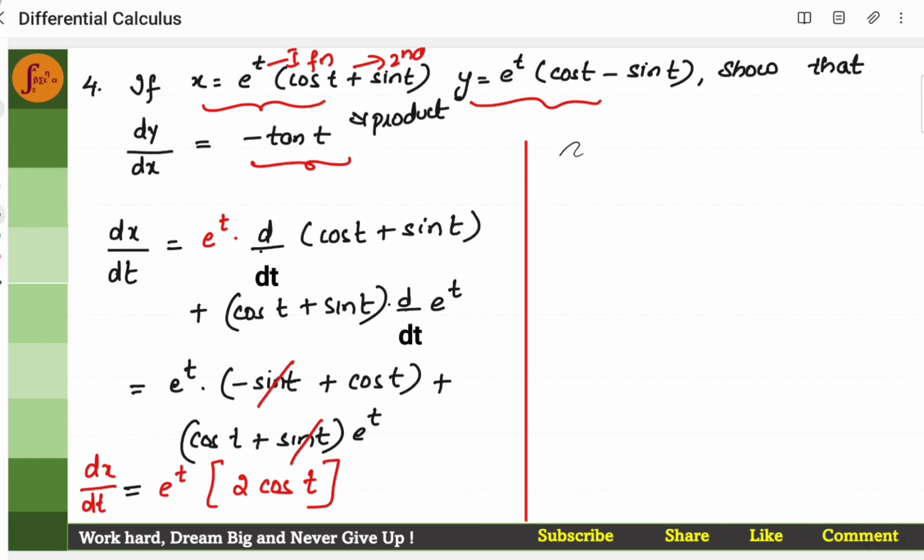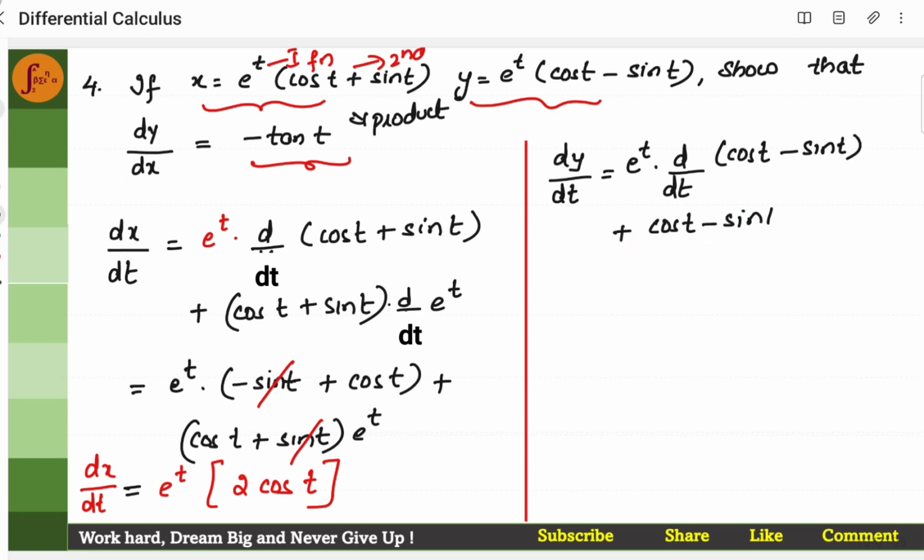Now similarly we'll find dy by dt. This is the y function. Same thing, right? E to the power t, first function, into the derivative of this one, the derivative of cos t minus sin t, plus the second function, that is cos t minus sin t, into the derivative of the first function, which is e to the power t. What is the derivative of cos t minus sin t?